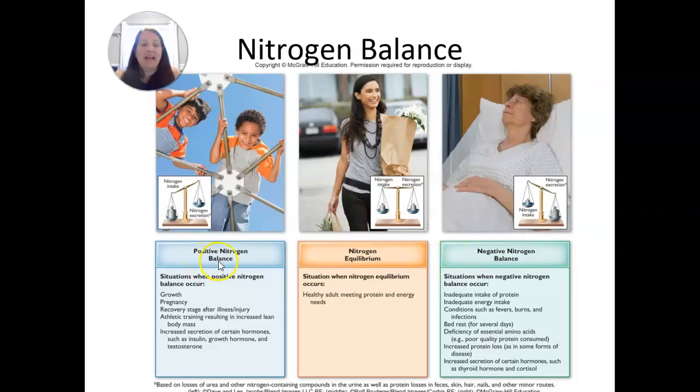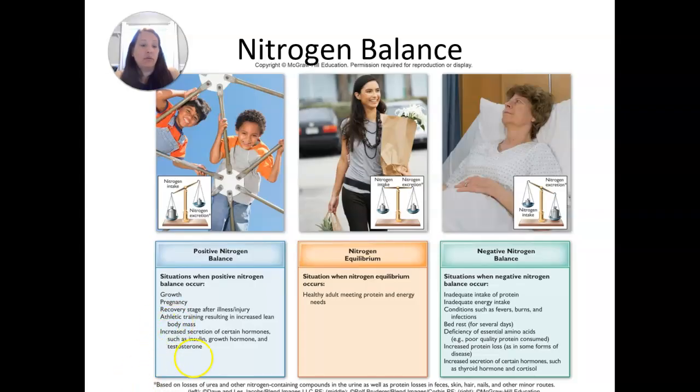Not good. And then positive nitrogen balance. So when would you need positive nitrogen balance? Well, when individuals are growing, during pregnancy, when individuals are breastfeeding, or recovering after some type of illness or injury. People who are doing endurance or strength training, so athletic training, that's going to result in an increase in lean muscle mass, and so you require more protein.